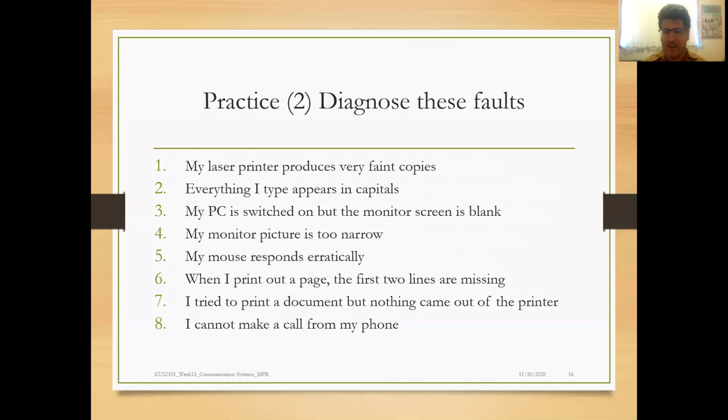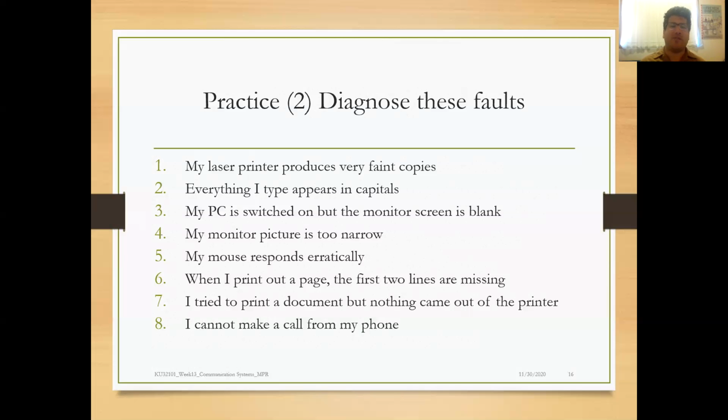Again, you can choose the level of probability depending on what you're imagining the level of knowledge of the diagnoser is, or the level of their access to the knowledge of the problem or their own expert knowledge. We have 8 faults here. My laser printer produces very faint copies.